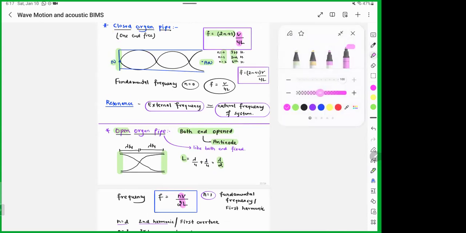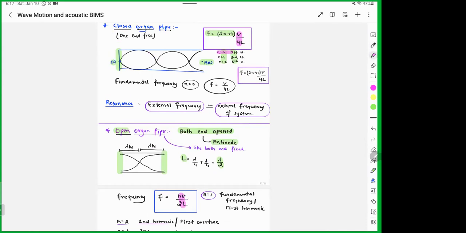So your value starts from 0 here. But here, if you want the first harmonic, n value should be 1. The n value 1 is the fundamental frequency. Here fundamental frequency is when n value is 0. That is the biggest difference.